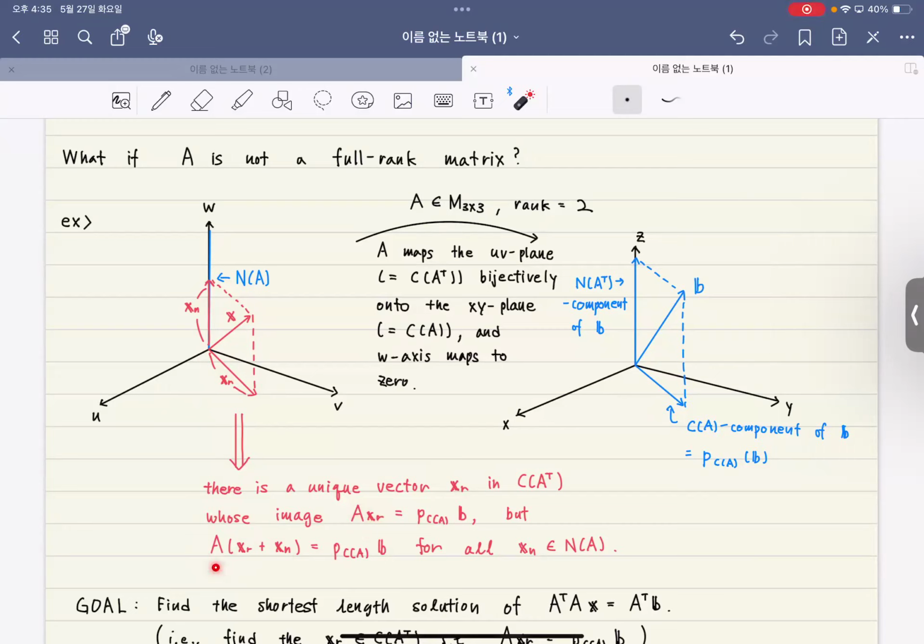So this guy and this guy have the same image. In other words, if A is not a full-length matrix, the solution of the normal equation exists, but it is not unique, right? So every vector whose endpoint is on this line should be a solution of the normal equation.